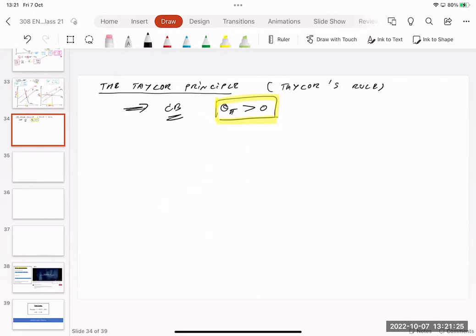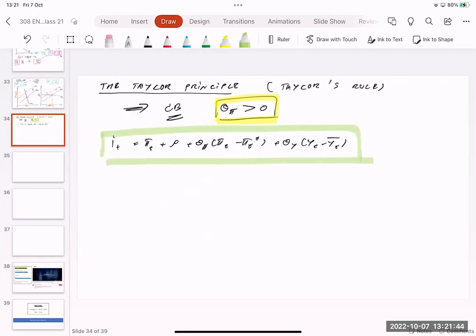If we go back to the monetary policy rule equation, i_t equals pi_t plus rho plus theta_pi (pi_t minus pi_t star) plus theta_y (y_t minus y_t bar). If I assume that the economy is in a normal situation, y_t equals y_t bar, so this bracket is going to be equal to 0 or disappear.